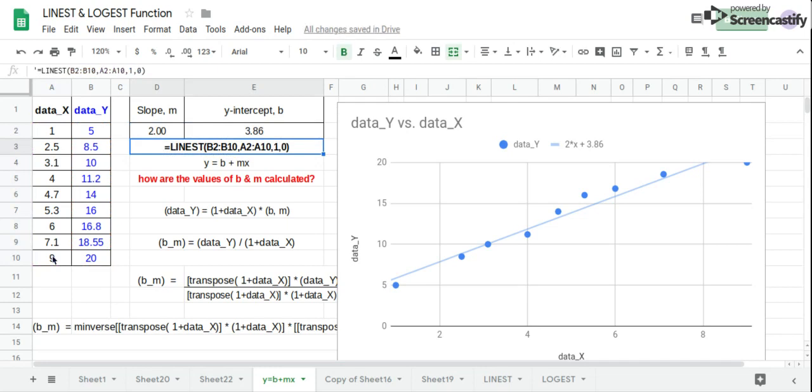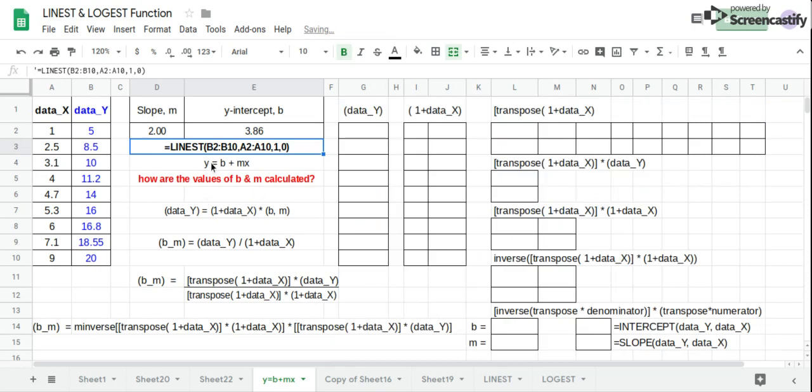These values make up the equation y equals b plus mx. But how are these values calculated? We use a matrix operation, where data y represents y, which comes from this range.